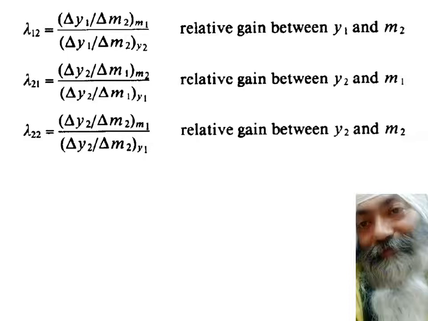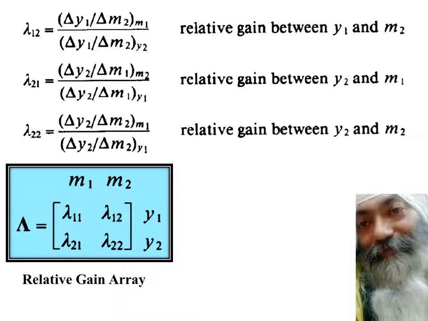So friends, we have lambda 1 1, lambda 1 2, lambda 2 1, lambda 2 2. So in a way, we have a kind of array, and this array is called a relative gain array. As you can see, you can choose any one over here. For example, if you choose lambda 1 2, that means the output is y1 and the input is m2.